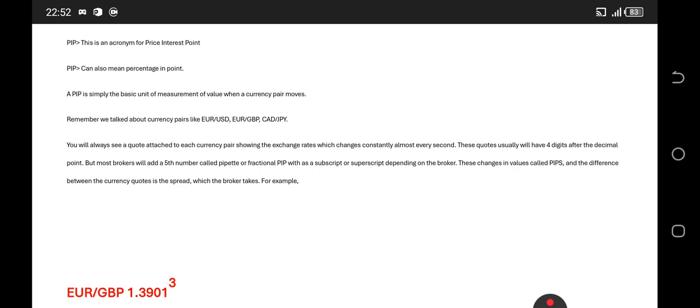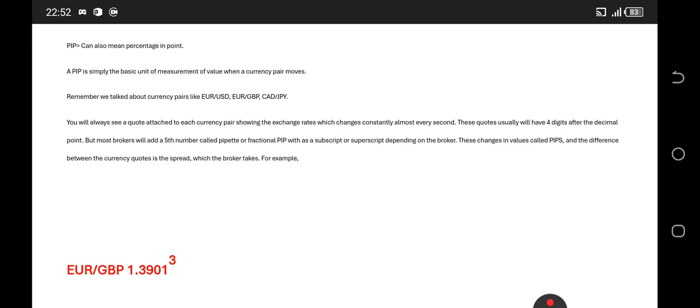By then I believe you should have absorbed this information and understood all these things. So when we get to a live market, nothing will be strange again. It's just going to be replaying in your memory, like, okay, this is the picture. I'm just trying to paint a mental picture of what you are expecting.